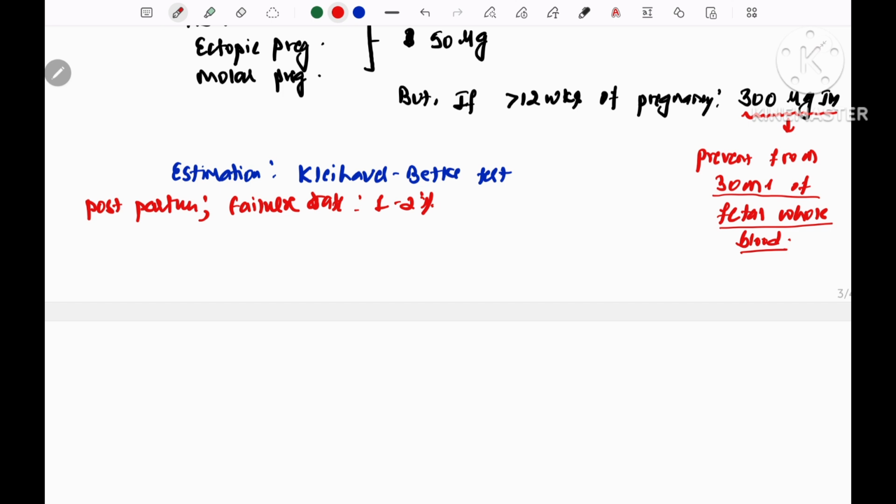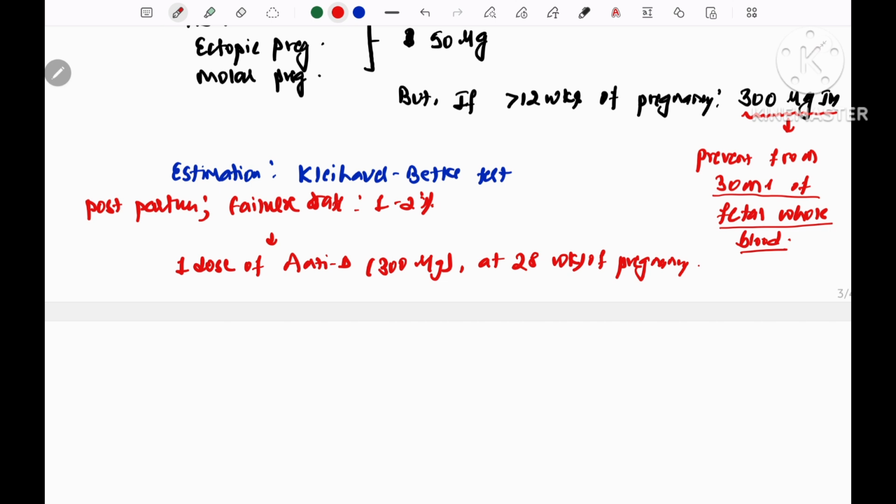So in order to decrease the failure rate, we give one dose of anti-D, 300 microgram, at 28 weeks of pregnancy. If we give this additional dose at 28 weeks, then the failure rate decreases to 0.1%. And the next dose is given after the delivery.